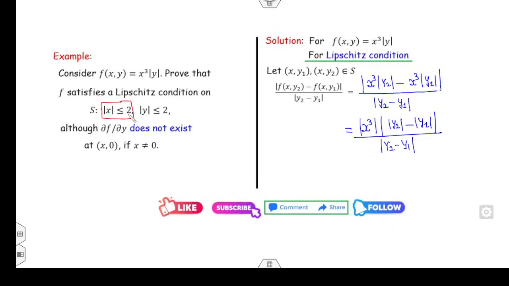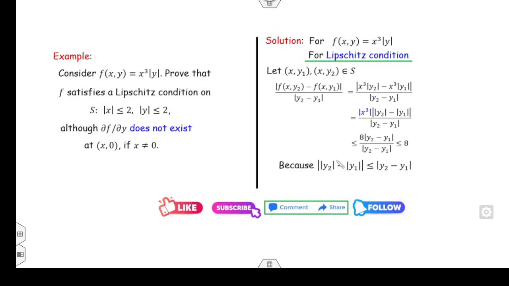Mod x is less than or equal to 2, because it's x cube, so I can write this number is less than 8. This quantity can also be written as 8 times y2 minus y1 divided by y2 minus y1, because of the inequality. Now clearly this is my constant number, or you can say it's a finite number. Yes, the Lipschitz condition is satisfied with the Lipschitz constant 8.